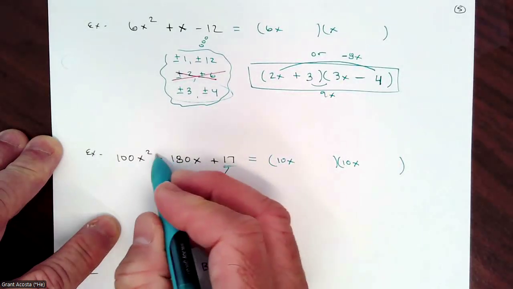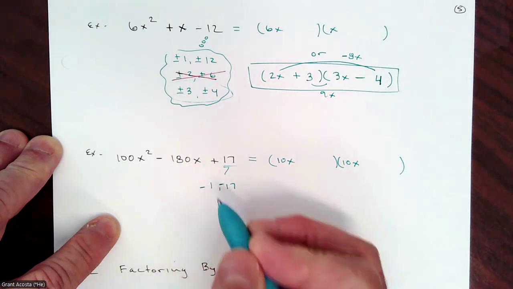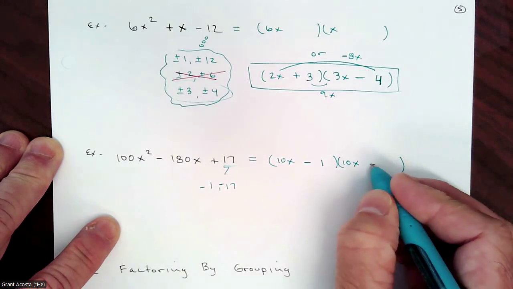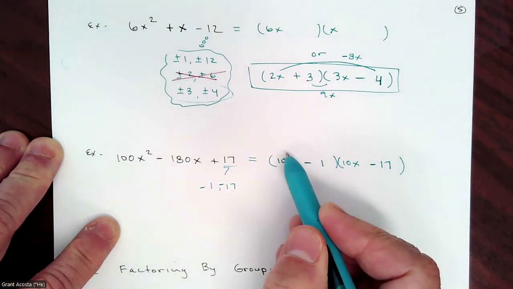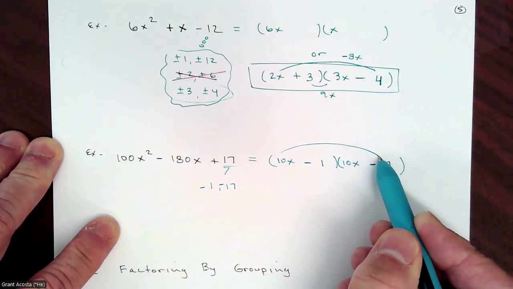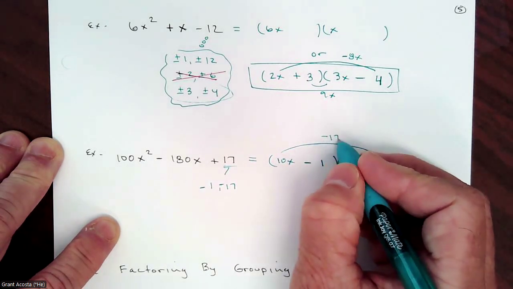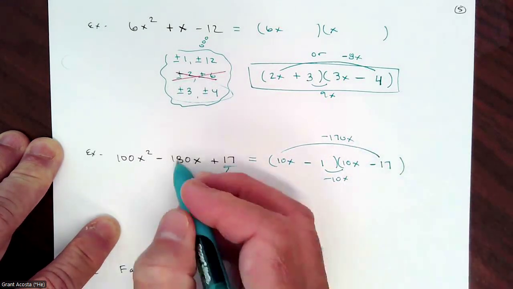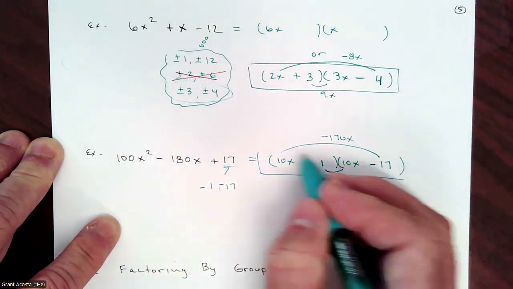And if this is negative, that means they're both going to have to be minus. So if you tried minus 1 and minus 17, notice that 10 times negative 17 is negative 170. There's negative 10, and that's going to add up to the negative 180x. So I've got it.